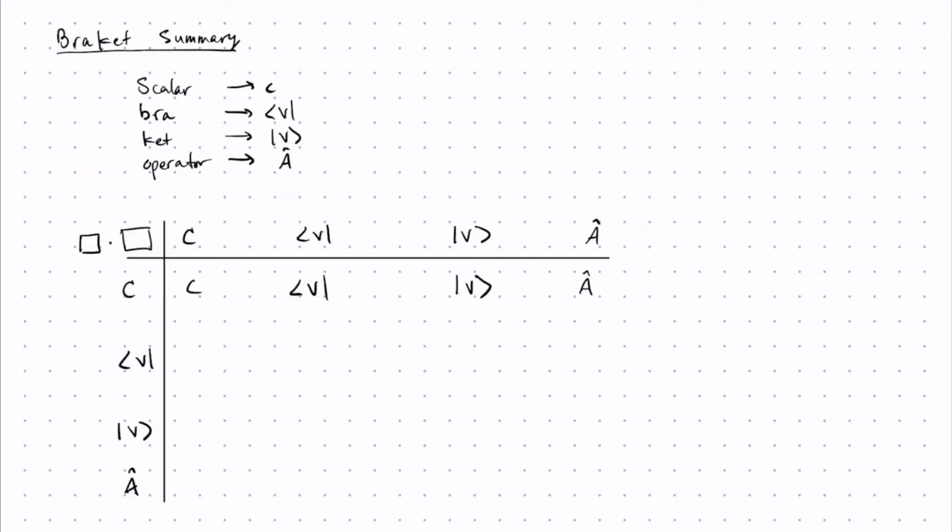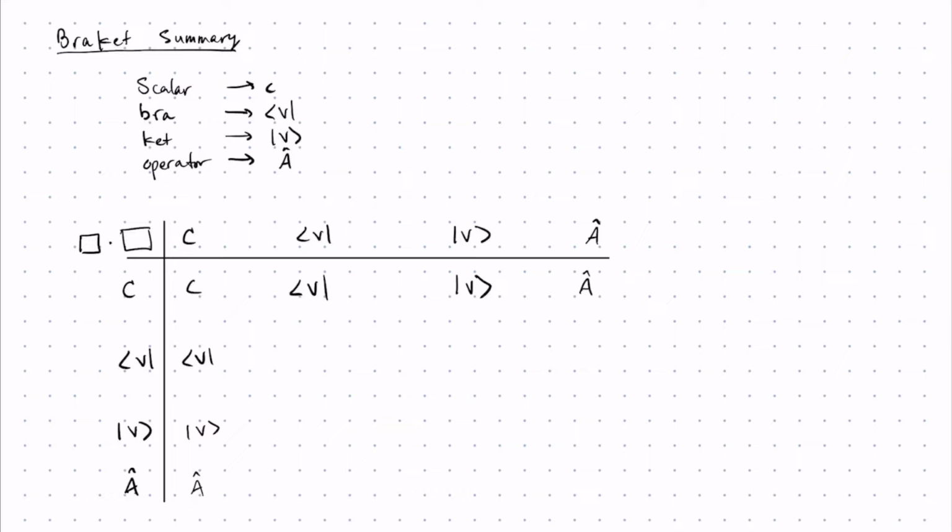Okay, so dealing with a scalar is easy, and in fact, we're just going to copy the same stuff going down the first column. Where things start to get tricky is when we start multiplying kets and operators. So going across the second row now.